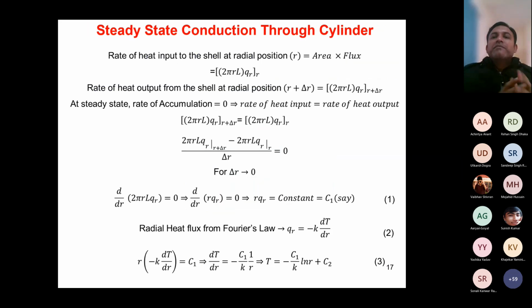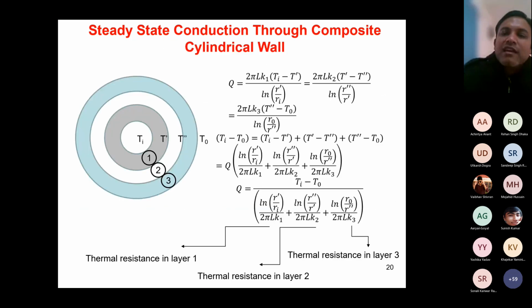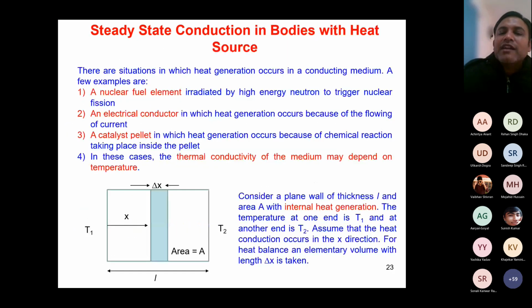Then we looked at only input and output, no generation, no accumulation. But then we added one more complication: if there is a generation of heat inside the conducting material, even for a flat slab we also require a shell balance.